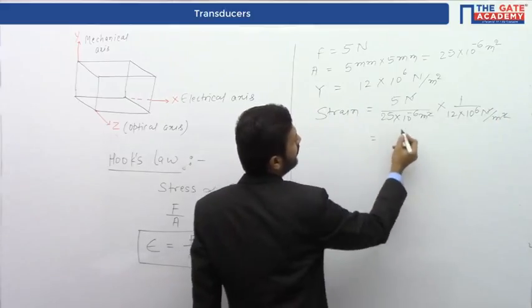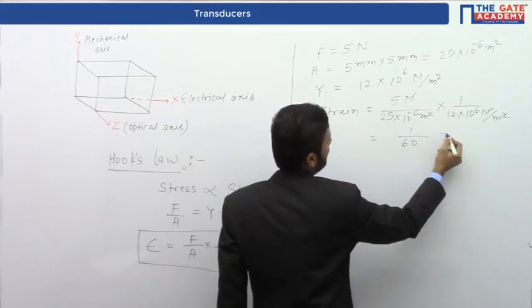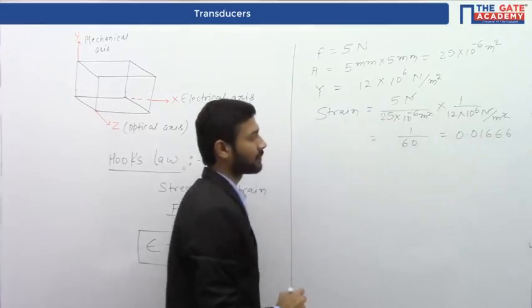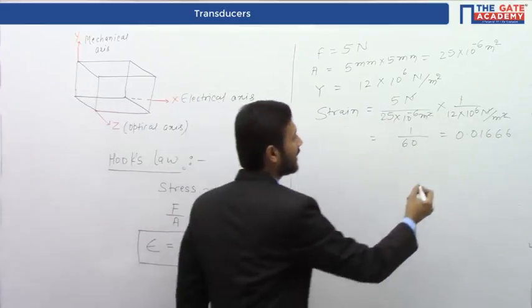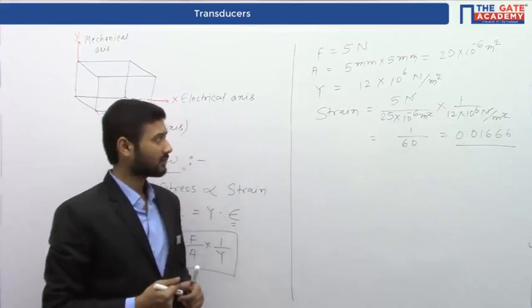This is equal to 1 by 60, that is 0.01666, and this is our calculated strain.